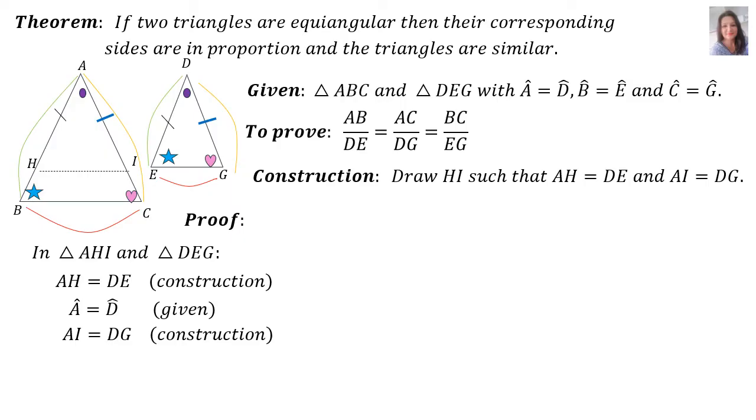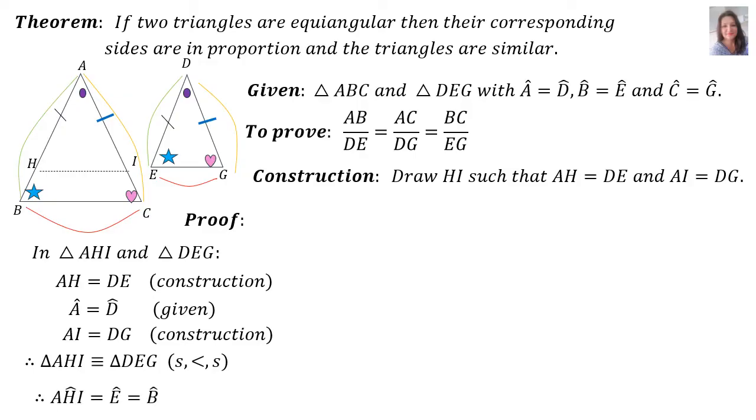And AI is equal to DG. That was also the construction. Therefore, we can say that triangle AHI is congruent to triangle DEG. And the reason for the congruency is side, included angle, and side.